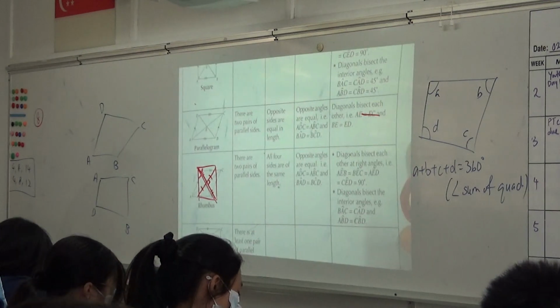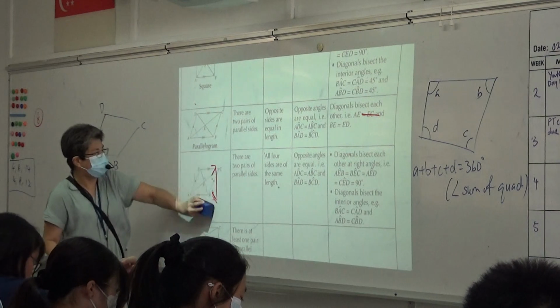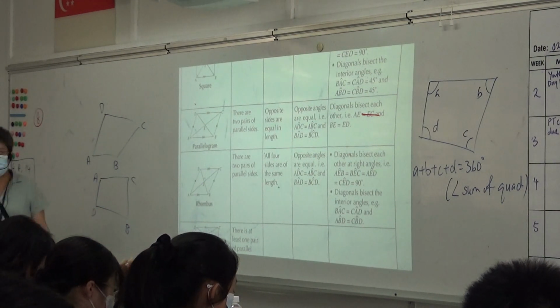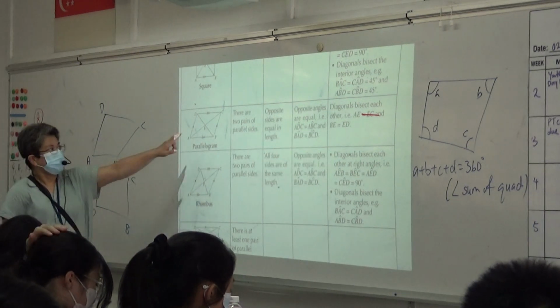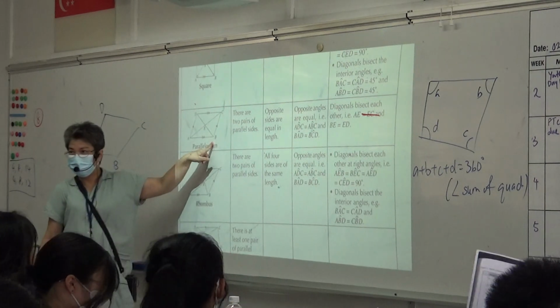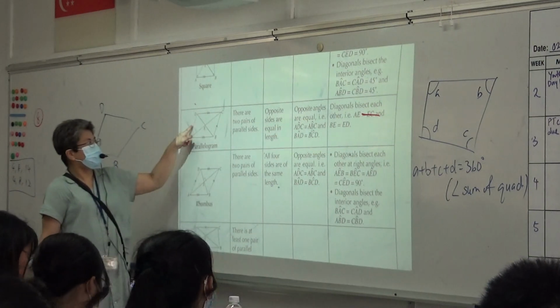Alright, next one, I think you are familiar with this. Are you familiar with something called a parallelogram? Yes. All of you look at a parallelogram, and look up, this is important. There are two pairs of parallel sides. Opposite sides are equal in length. This one is equal to this one, and this one is equal to this one.